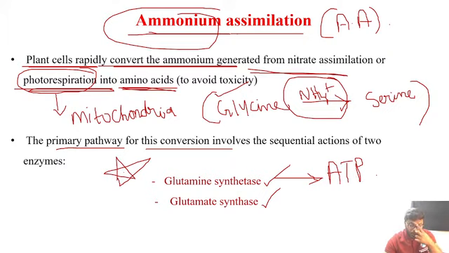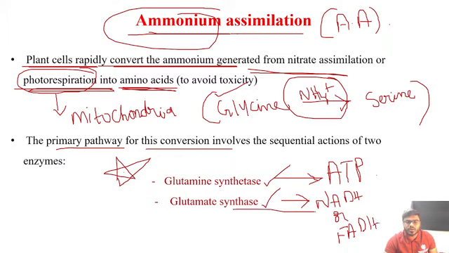When we use the word synthase, always remember it won't use the direct sources of ATP. So maybe it will use NADH, or it may use FADH2. But the point is, my friends, synthases never use the direct sources. Synthetase always uses the direct sources. That's a simple statement.